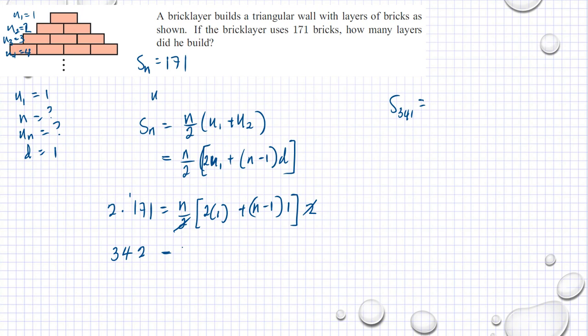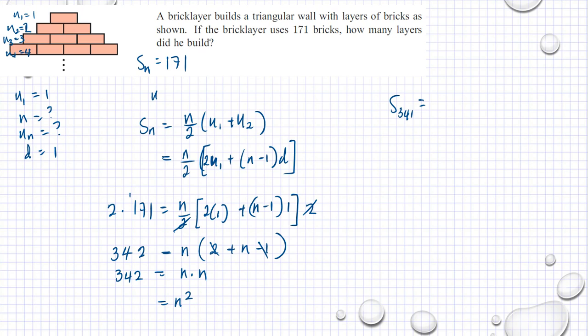Now we have n multiplied by 2 plus n minus 1. So I have n multiplied by n is equal to 342. Then n squared is equal to 342.